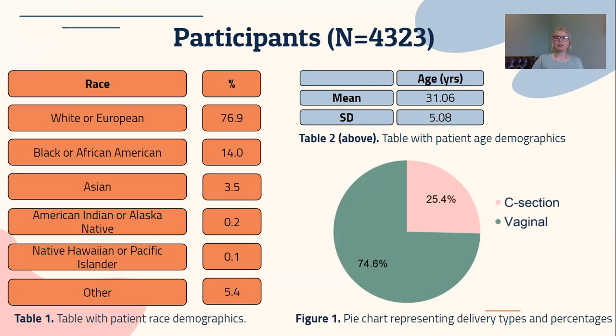So there were 4,323 patients whose medical records we had access to. 76.9% of the participants were white or European, 14% were Black or African American, 3.5% were Asian, 0.2% were American Indian or Alaska Native, and 0.1% was Native Hawaiian or Pacific Islander.